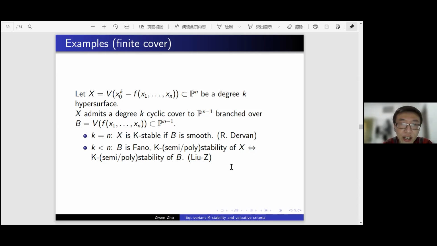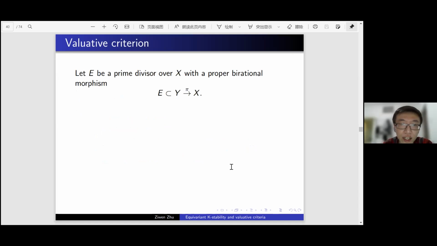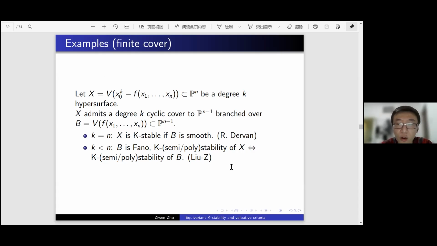And maybe I also want to mention that one of the useful cases here is when K is equal to 3. So if we look at cubic hypersurfaces, right now we have the new result by Yuchen Liu, where we have K-stability of smooth cubic fourfolds.